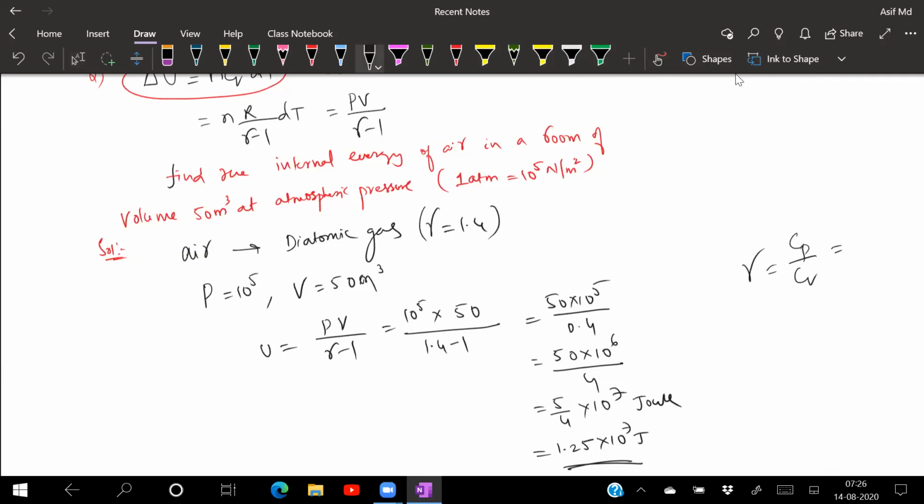Cp value is 5R by 2, and Cv value is 3R by 2. This will be equal to 5R by 2 into 2 by 3R. This one and this one get cancelled. So it is 5 by 3. Gamma value is 5 by 3, got it?